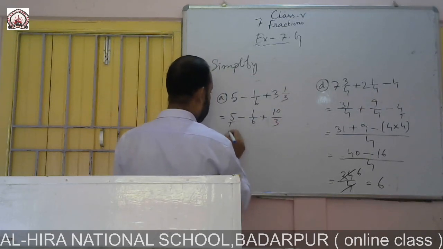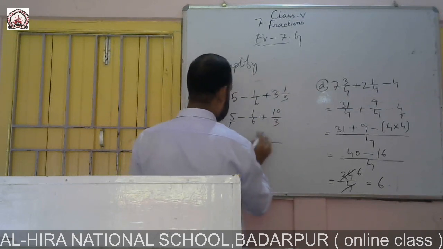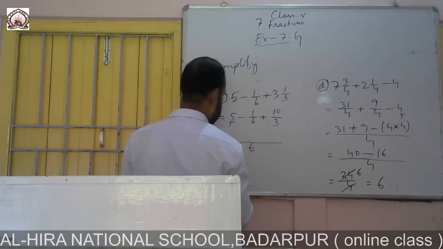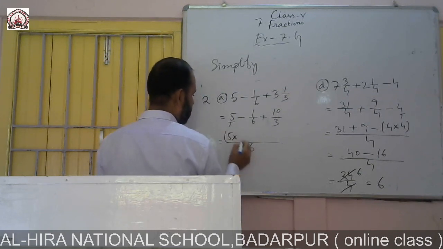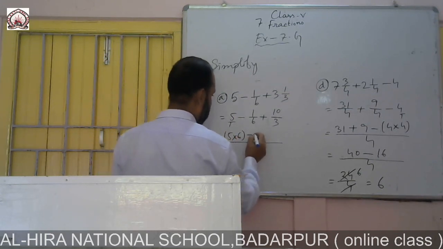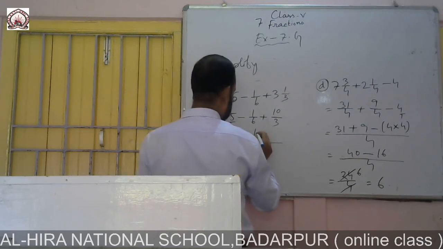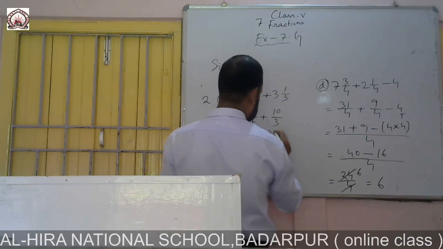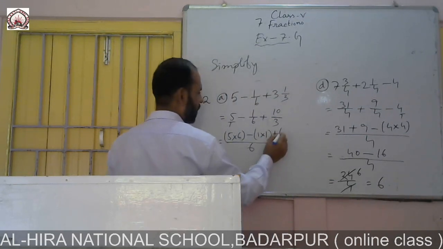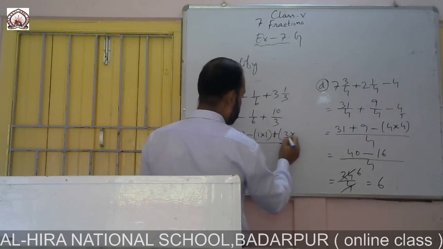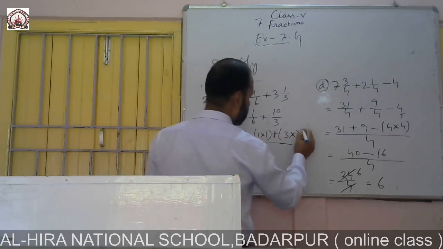So here 1 is there. So LCM of 6, 3 and 1 is 6. Here 5 into 1, 6 times go, 6 minus 1 into 6, 1 time go, 1 plus 3 into 3, 2 times go, 6 twos.